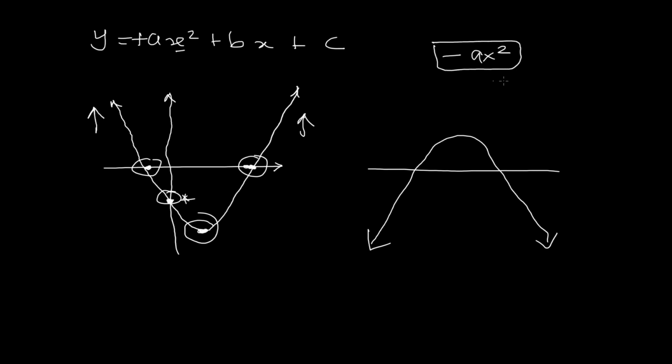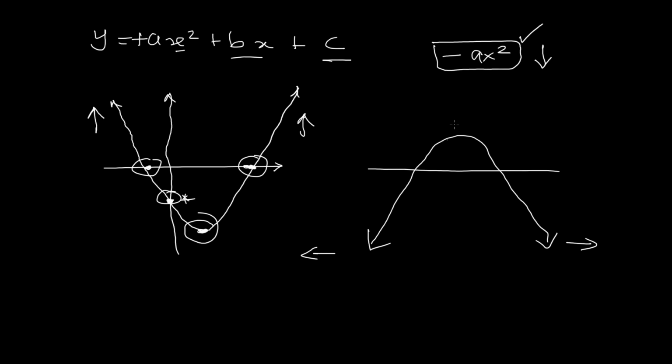This will always be negative, meaning that as you are going towards infinity, this side and that side, this value will overpower these two values. Regardless of whether they're subtracting or adding, this will overpower the rest of the values. And so the general direction will follow this value here.